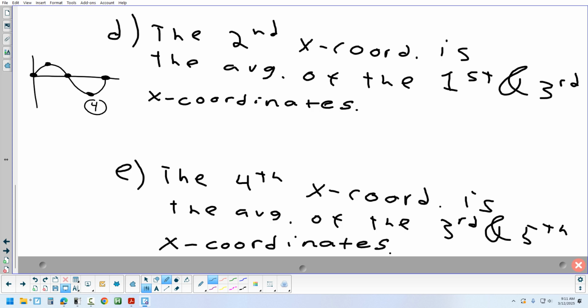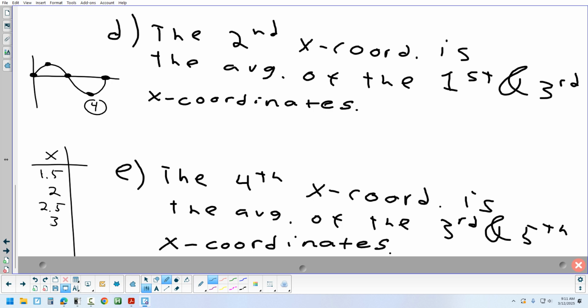Now, of course, these are always going to have a nice pattern to them. So if you notice the pattern, you might not have to keep doing all these averages. Okay? If you had something like, say these were your x's, 1.5, 2, 2.5, 3, you might be able to figure out the last one is 3.5 without actually doing an average because you notice the pattern.